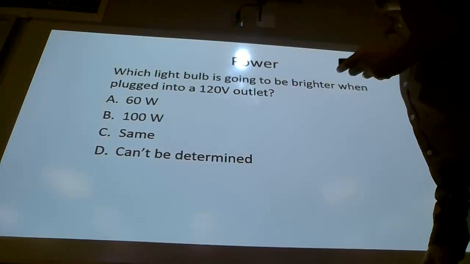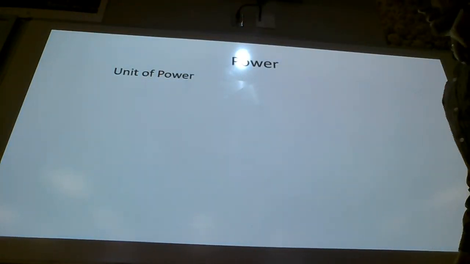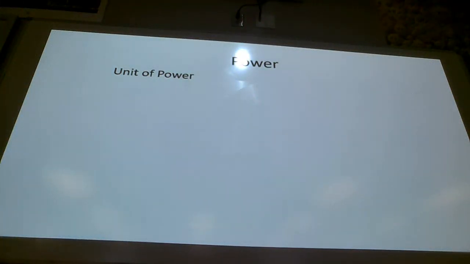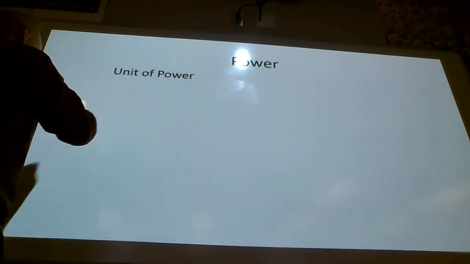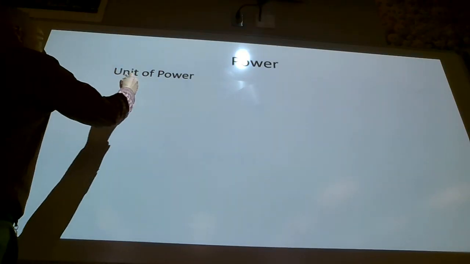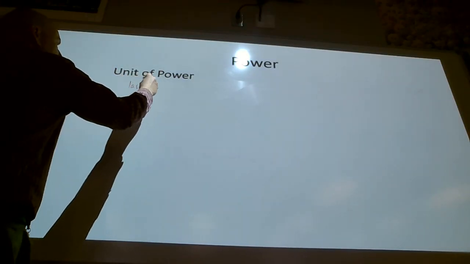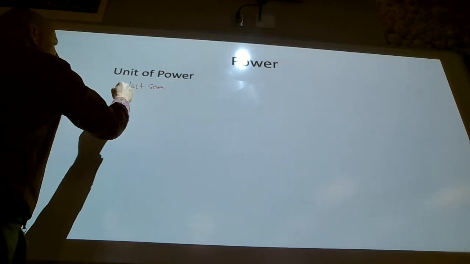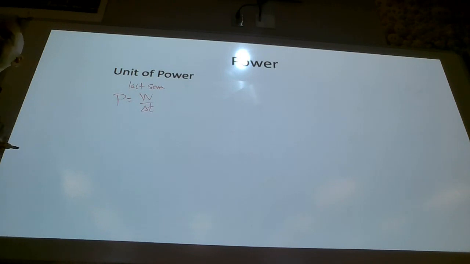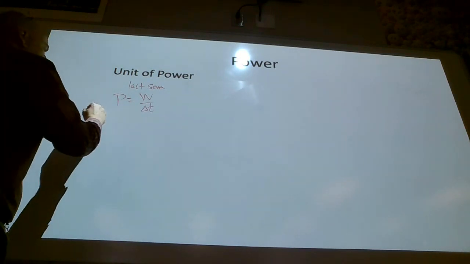Okay, so let's talk about power. Last semester, we said power is equal to work over time, the rate at which work is done.